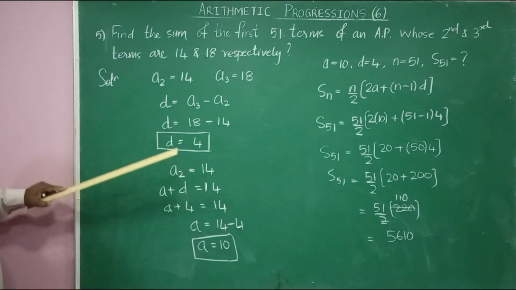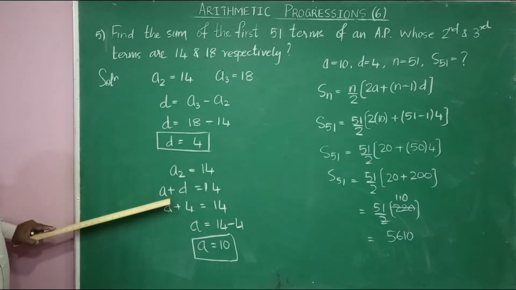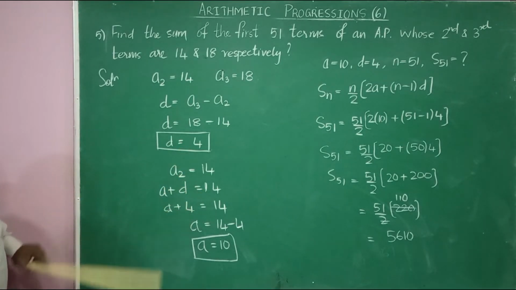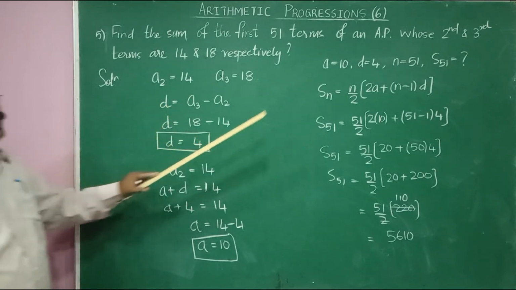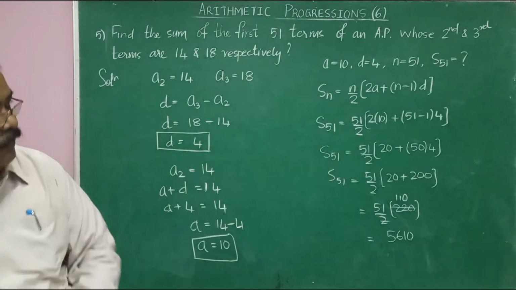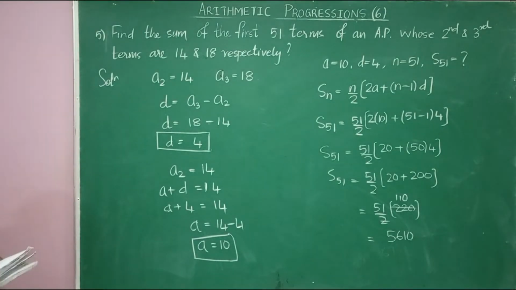Once you know the common difference, since the second term is 14, that means the value of a plus d is 14. D you know is 4, so I got the value of a. You know what is a, you know what is d, you know what is n. It was very easy for me to find out S51. So what was S51? 5610.